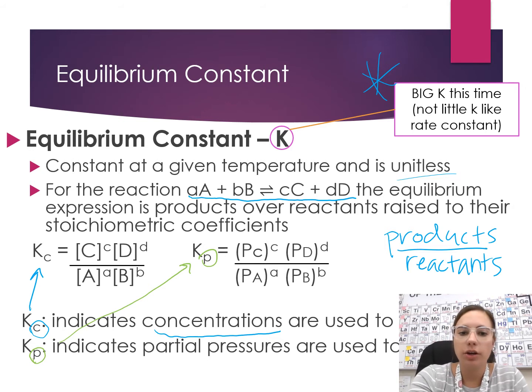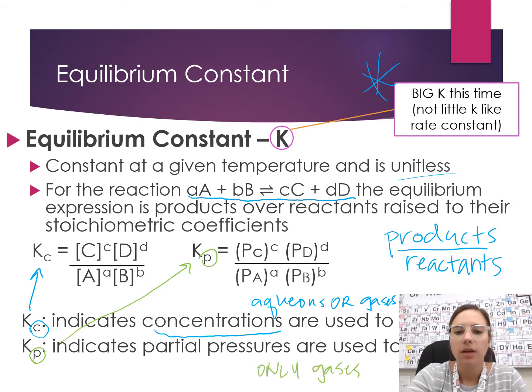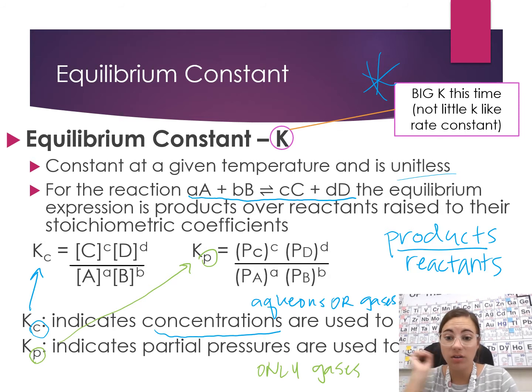Concentrations could be for aqueous or gases. Partial pressure is only used for gases. Now, in just a minute, I'll go over why I only used aqueous or gas and I didn't use any other state. But here we see for Kc, we use brackets to indicate concentration.